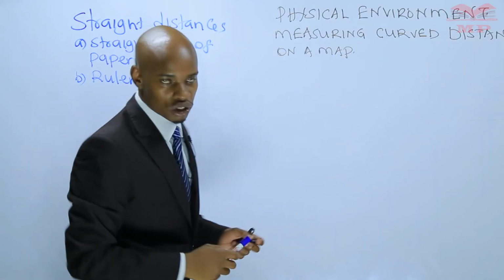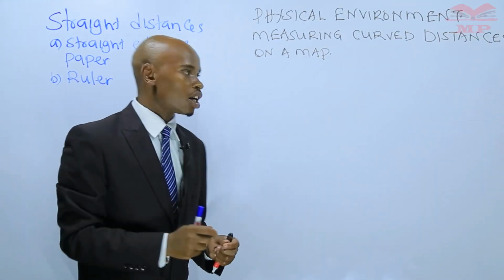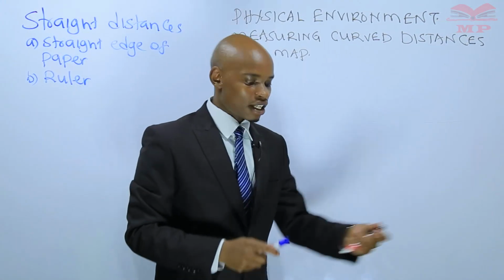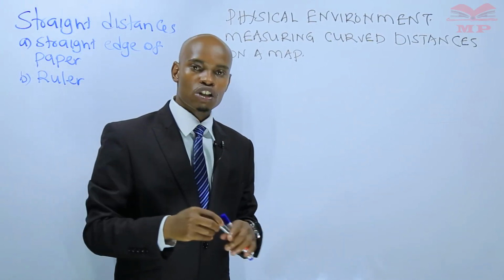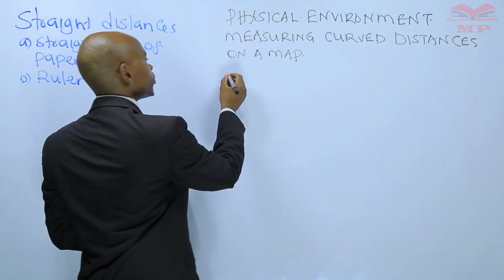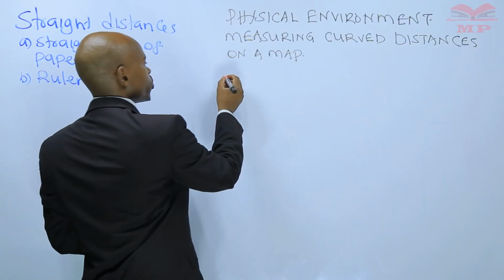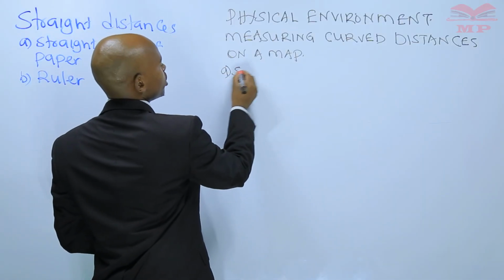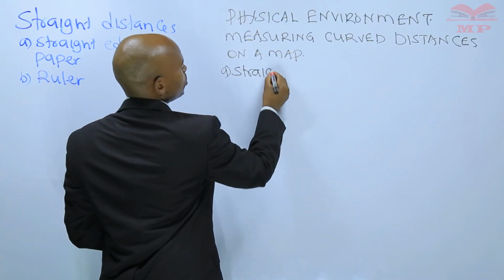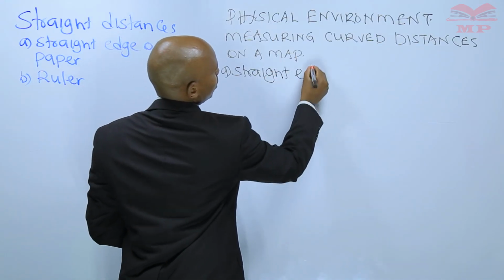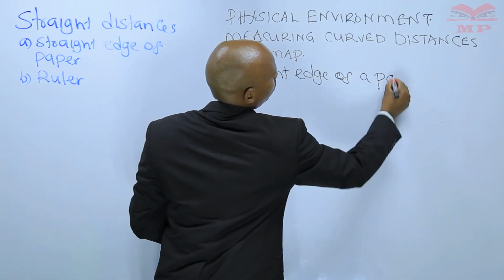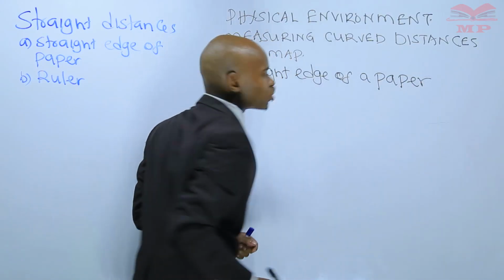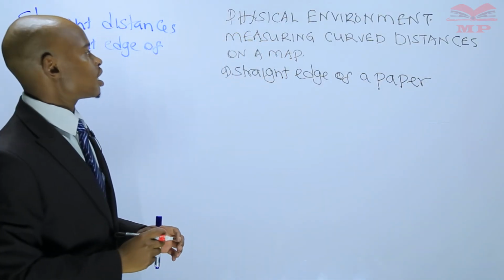What do we use to measure curved distances on the map? That is our first concern. Number one, we mainly use a straight edge of a paper, the same one that we used when measuring straight distances.